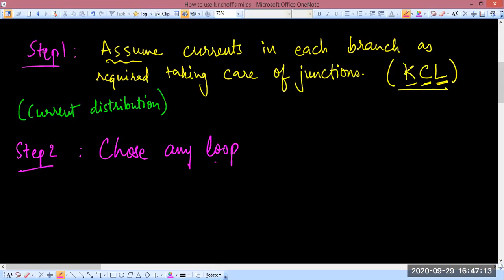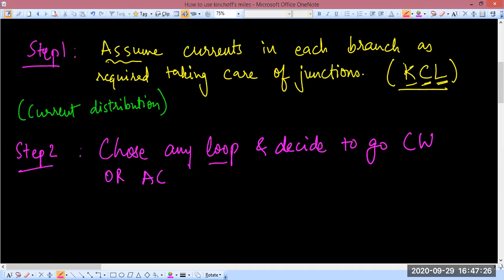You have to select or choose any loop, remember, and decide to go clockwise or anti-clockwise. This is compulsory. That's what you have to do.